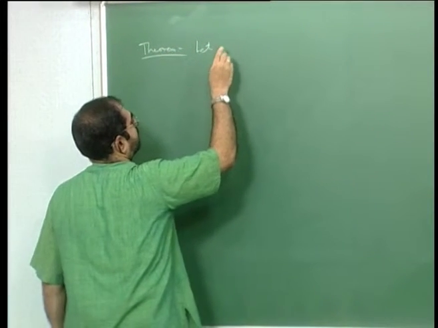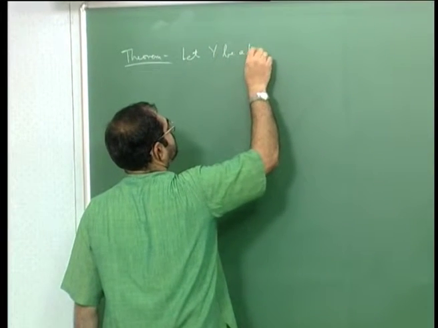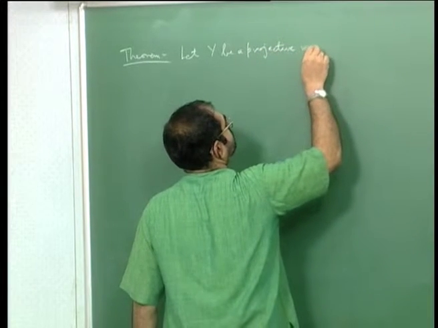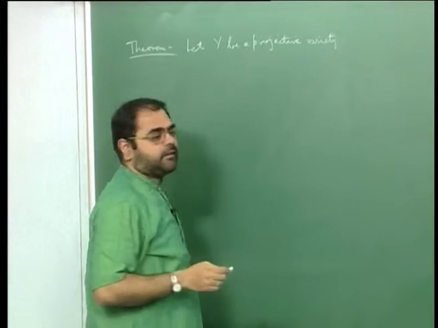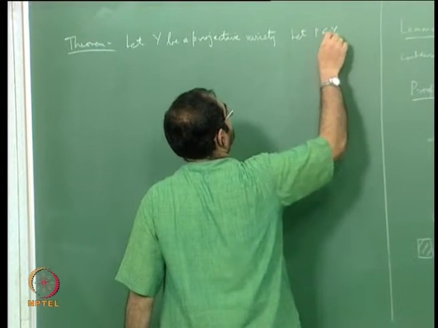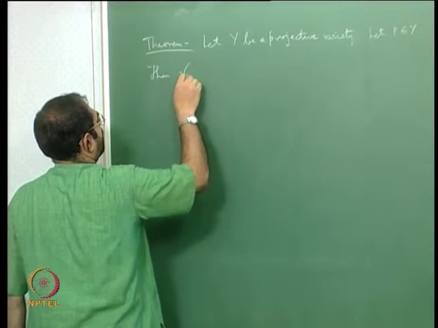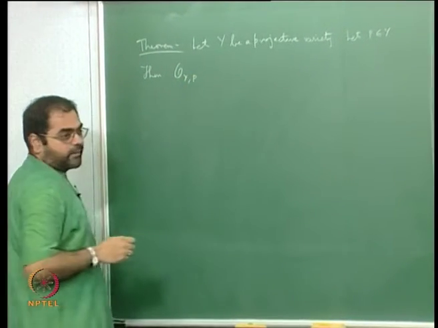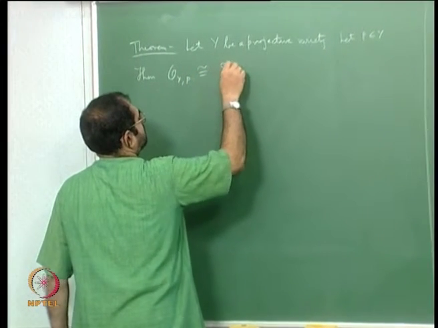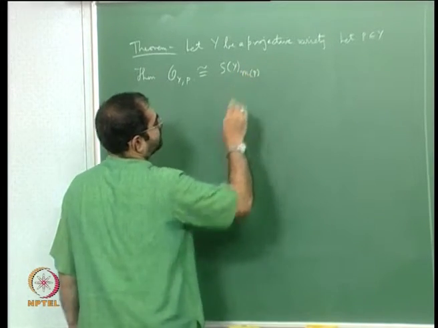Let Y be a projective variety, let p be a point of Y. Then O_{Y,p}, the local ring of Y at p, is isomorphic to the homogeneous coordinate ring of Y localized at m_p.